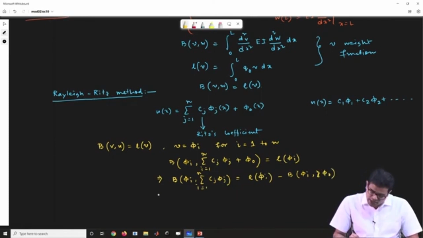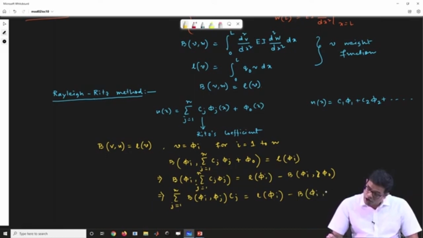Now I can take this summation outside over j, j equals 1 to n, b of phi i phi j, and I can take Cj outside. So this will give me the linear equation we are looking for.